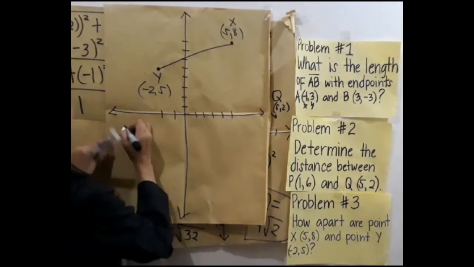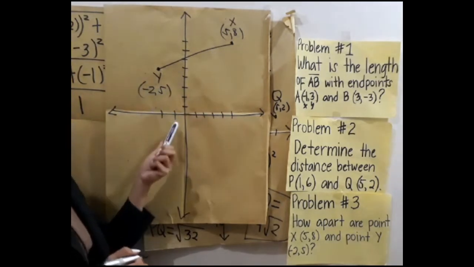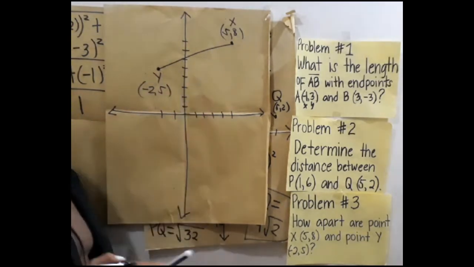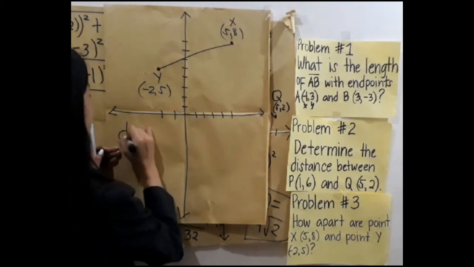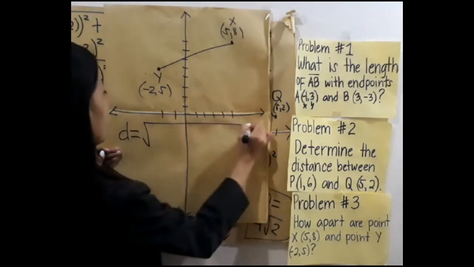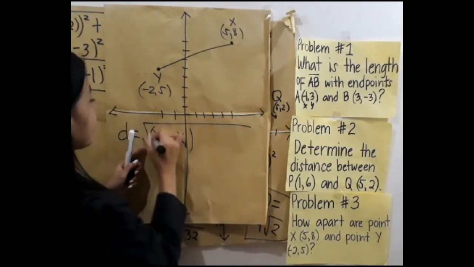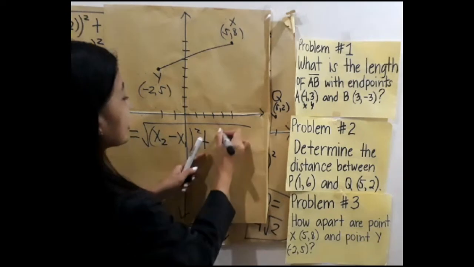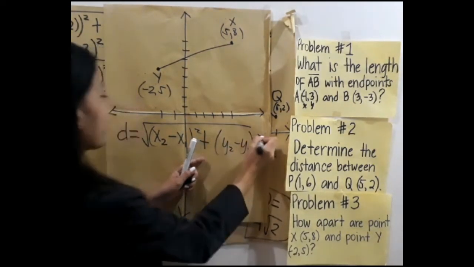To find the distance between these 2 points, we have to use our distance formula. Our distance formula is equal to the square root of the quantity x sub 2 minus x sub 1 squared plus the quantity y sub 2 minus y sub 1 squared.